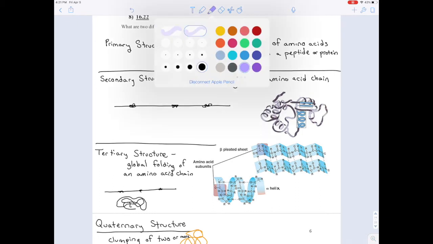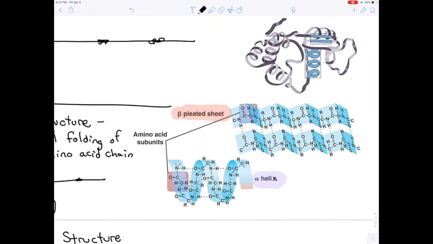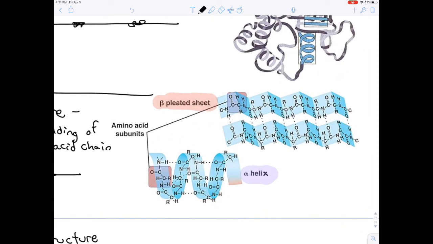They are the alpha helix and the beta pleated sheet. So, with an alpha helix, the wrinkle is a sort of coil. It's like a spring or a spiral staircase.